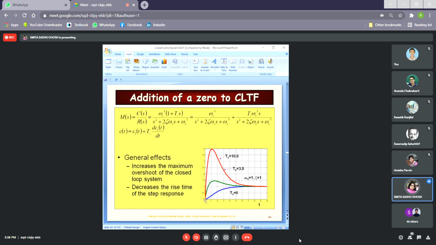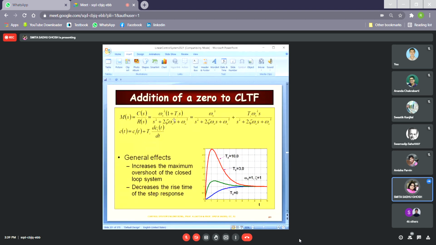So for tz equal to 0, you would see the blue plot, that is the critically damped case. On the other hand, the arrow has been misplaced a bit. The middle one is tz equal to 3, not this one, and tz equal to 10 is the red one.